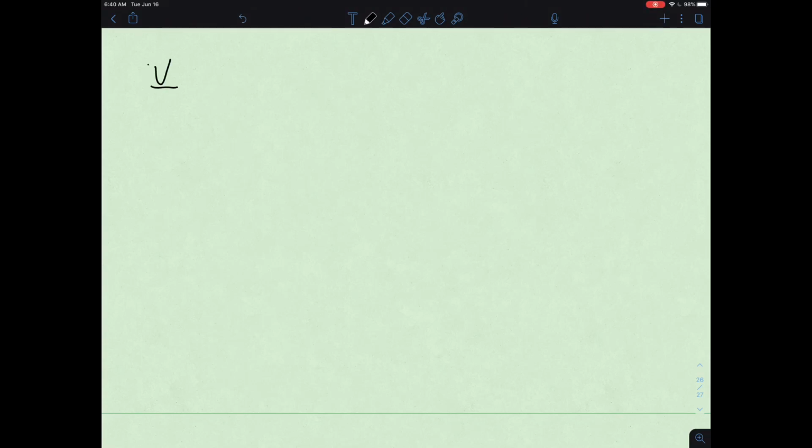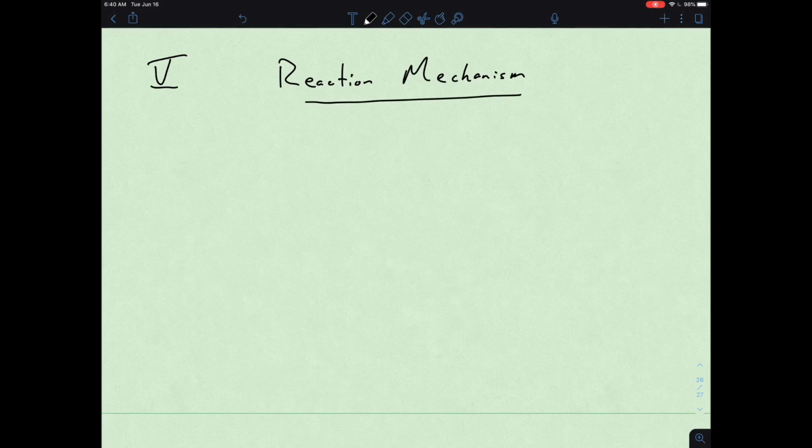In the last part of this module, we get into reaction mechanisms. Mechanisms basically describe how the starting materials get transformed, right?